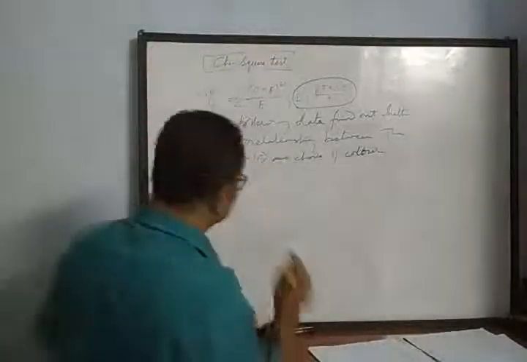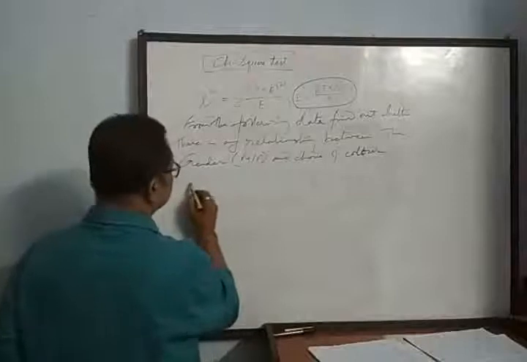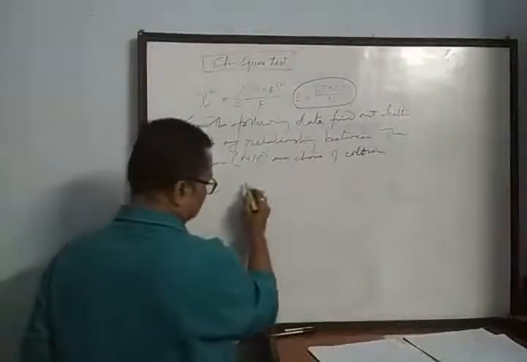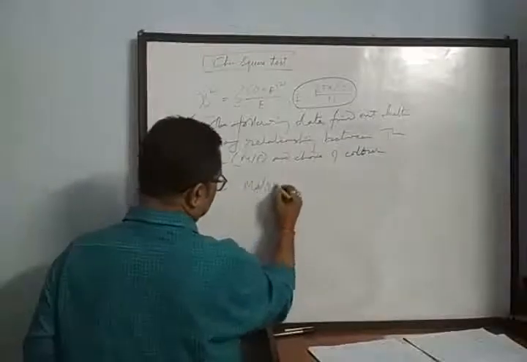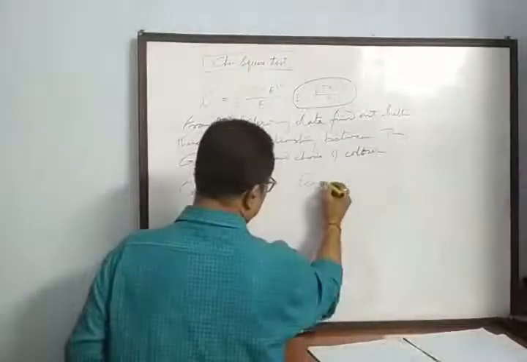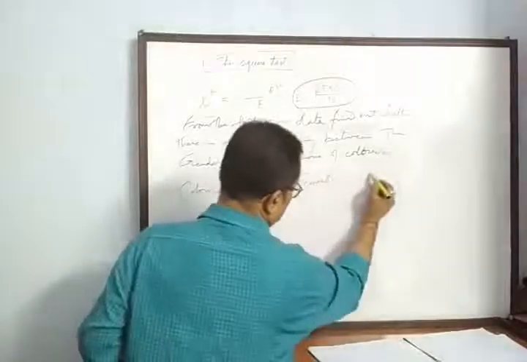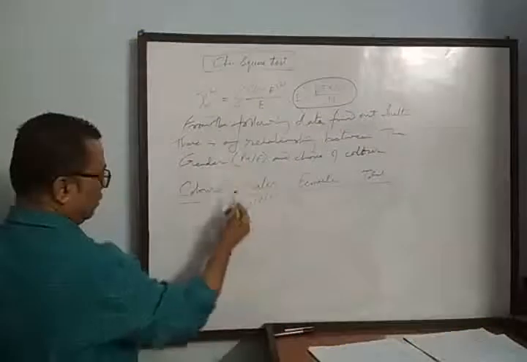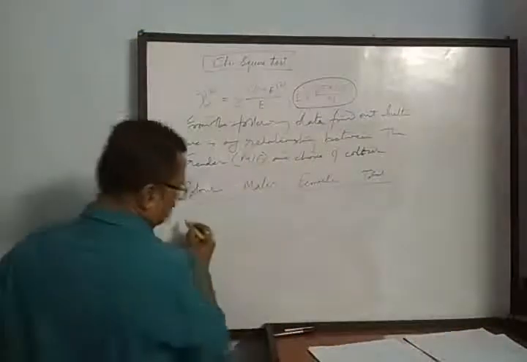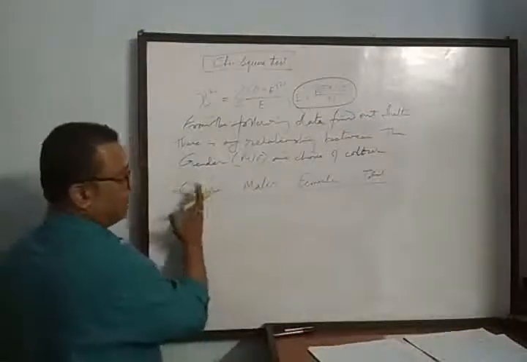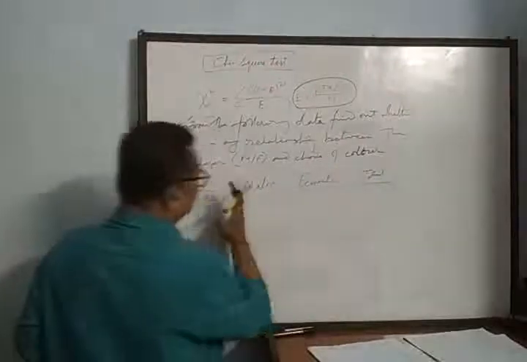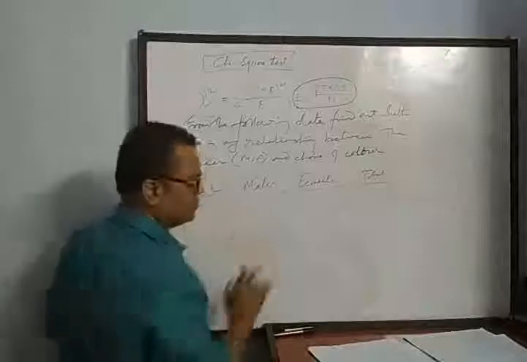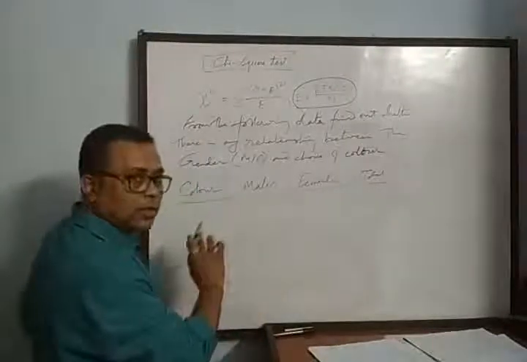Now the data is: color, males, females and total. So there will be males 1 column, females 1 column, so 2 columns. Now colors.